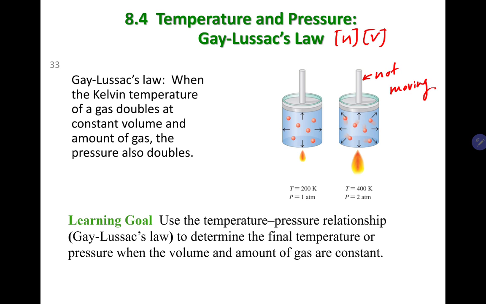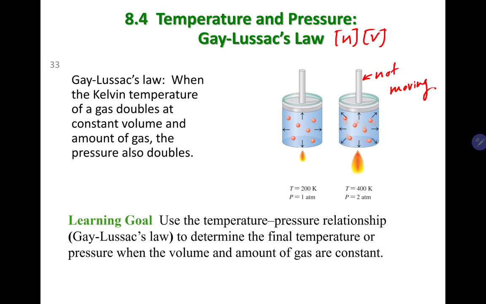So when they are moving so fast, they start hitting the walls more frequently and harder, right? But the walls are permanent boundaries, they are not moving. So when the gas molecules are pounding more and more on the walls, the pressure on the walls increases.